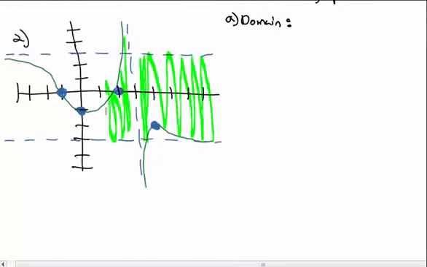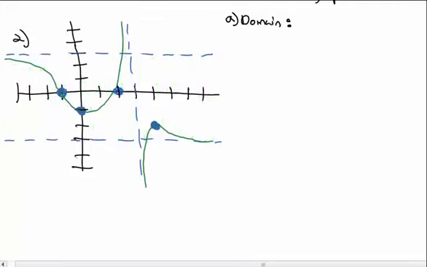Then after the asymptote, the graph seems to hit all of the x values. The only thing this graph seems to miss is the vertical asymptote. So x goes from -infinity up to 3, where that asymptote is, and then union starting again from 3 up to infinity, basically jumping over the point 3.